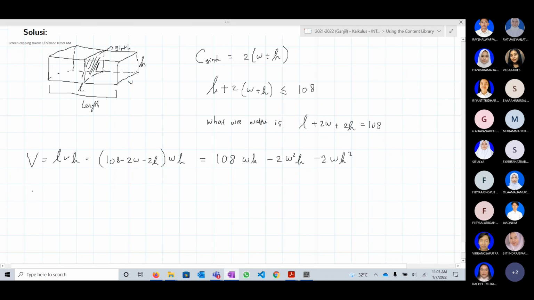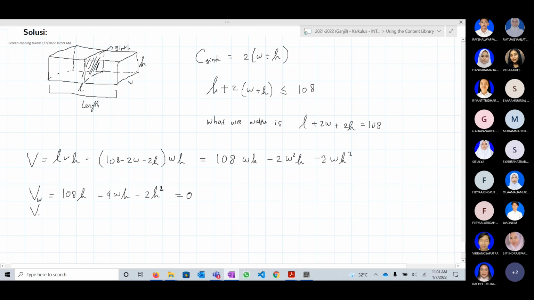Now we set the first partial derivatives equal to 0. The partial derivative of V with respect to W is 108H minus 4WH minus 2H squared, equal to 0.